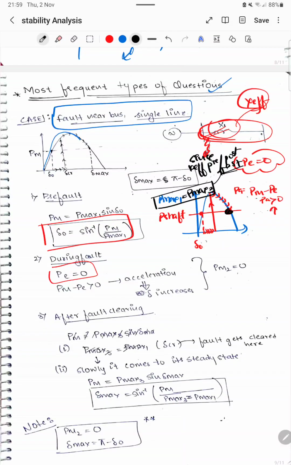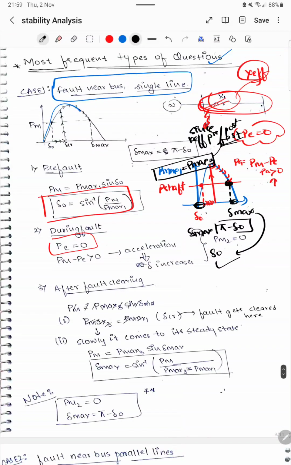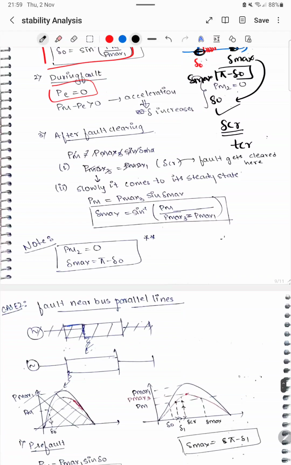Now this point where again P shaft is equal to Pmax 3 is nothing but del max. Now we can clearly see that this value is equal to this value. So we can call del max as pi minus del naught. So now you know del naught, you know del max. Since you know both, you can find out del CR. Once you know del CR, you can find out TCR. Okay, that's all.